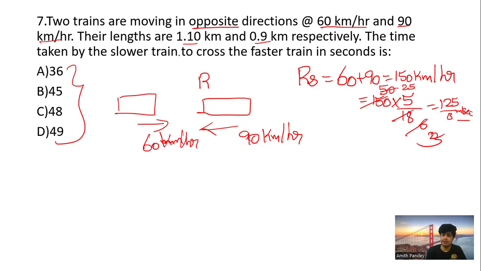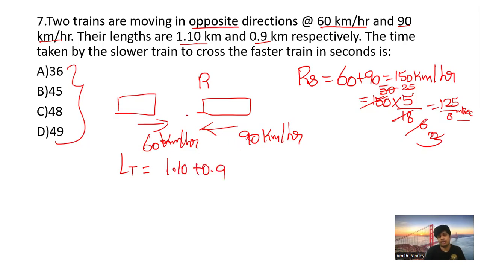Then length. So length will obviously get added. That is length or distance, right? So in order to cross each other, as I told you, you take the length of both the things. Whether it is train and other train, or train and platform. So here it is 1.10 plus 0.9.